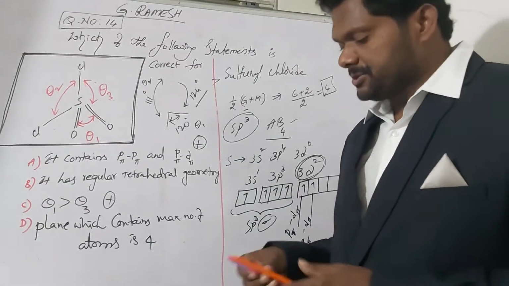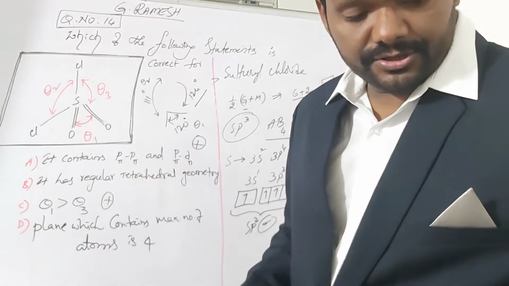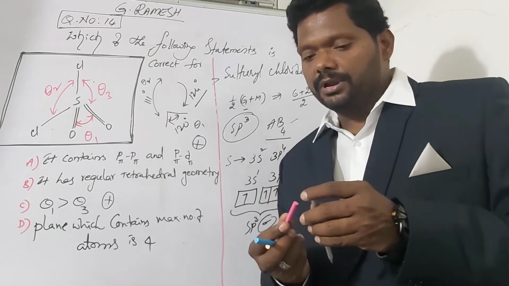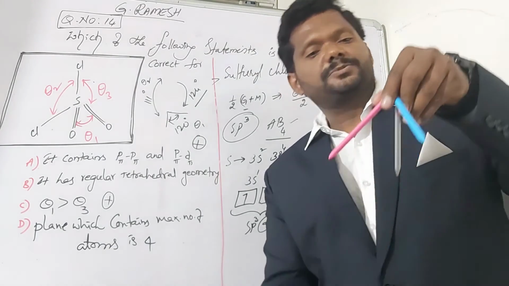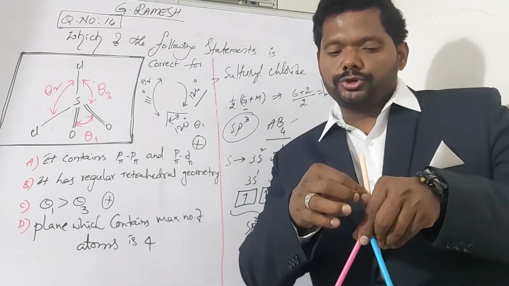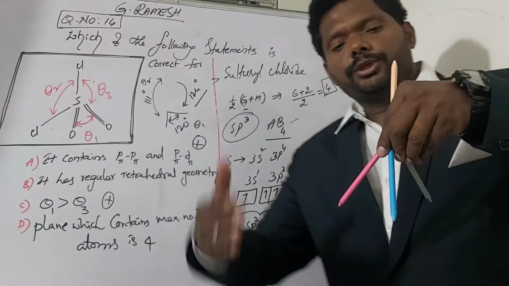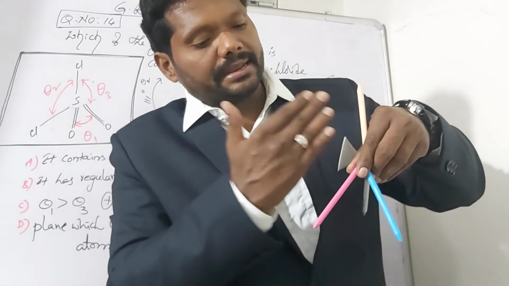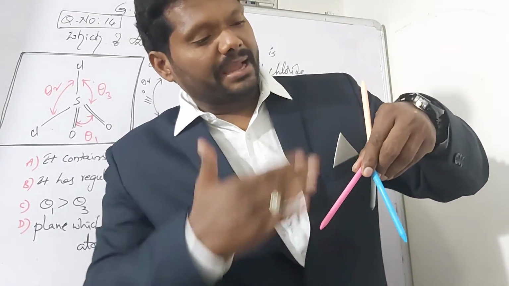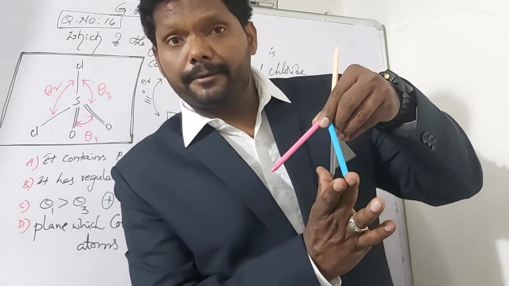I told you this is sp3 hybridization, tetrahedral. I will show you the sp3 geometry for this. Just have a look at this one. It can have a pyramidal type, and you take one more atom on the top, it will be sp3, called tetrahedral geometry. If you draw a plane through the central atom and this one, you can touch a maximum of 3 atoms only, leaving 2 atoms out of the plane.